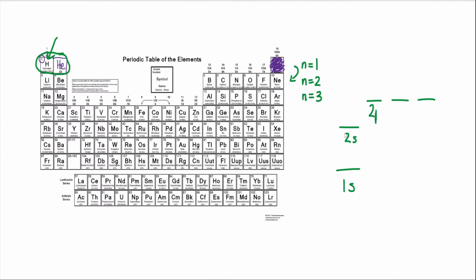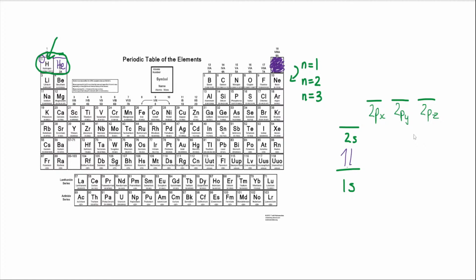The way we label these, we can if we want, 2px, 2py, 2pz, and we can label each of them that, or we can just call them all 2p. But if it was helium, then this is what it would look like. Oh, sorry, no, that would be hydrogen. That was a test.